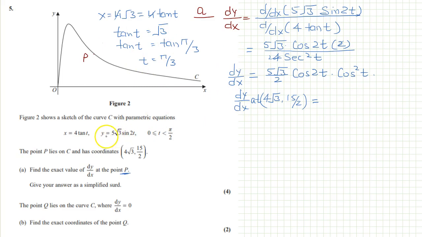If I put the y, 15 over 2 is equal to 5 root 3 sine 2t, 5 times 3 is 15, this is root 3 over 2, so that is equal to sine 2t.